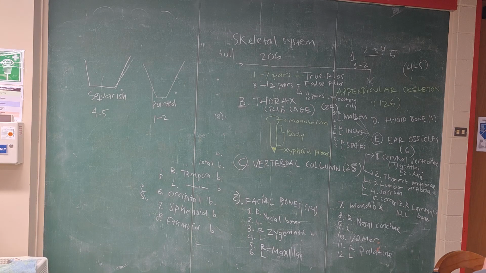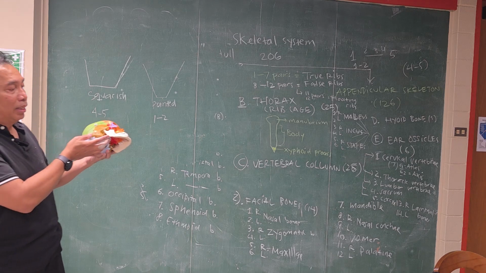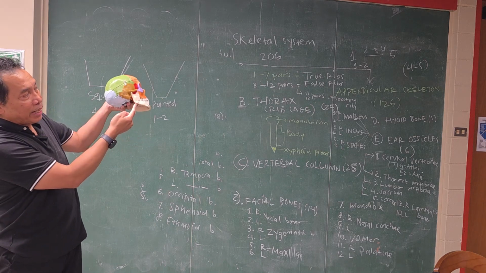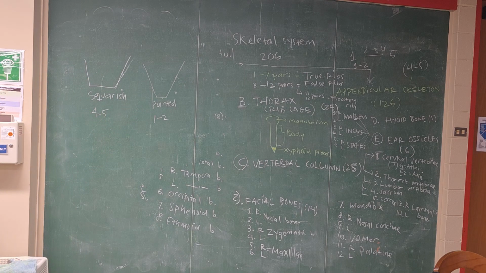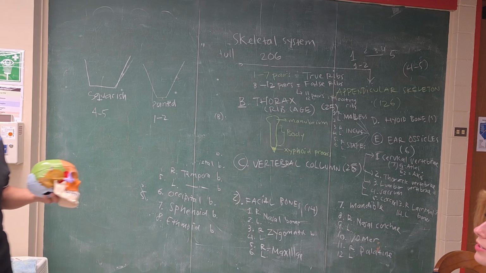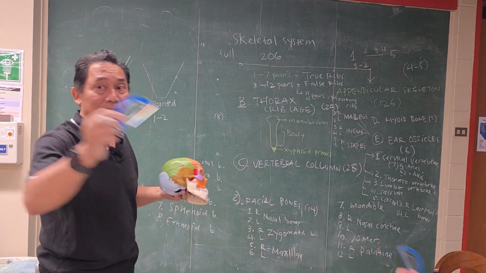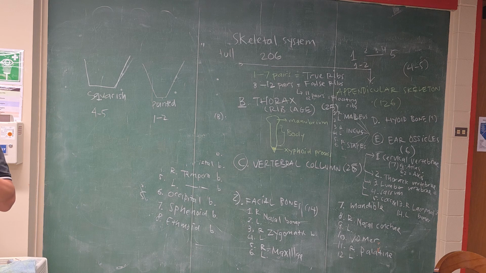Next is gonion. Gonion is the angle of the mandible, the side angle over here. You have to measure with this. Does anybody know the name? Yes, protractor. I will give you a protractor later. How do you measure it?